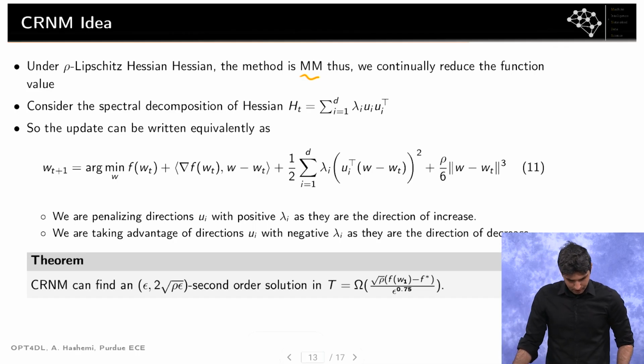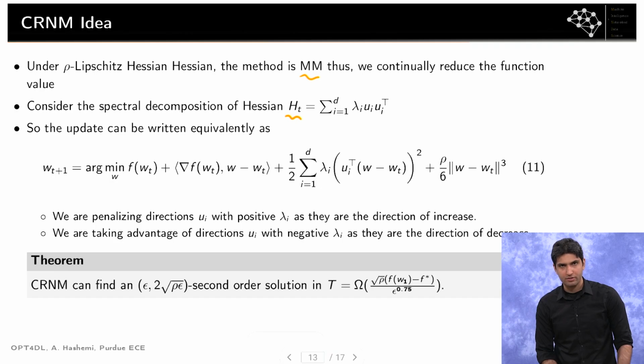Another idea to see how this cubic regularization of Newton method works is to consider the spectral decomposition of the Hessian. Okay? So what does this mean? It basically means that we have an eigenvalue decomposition.